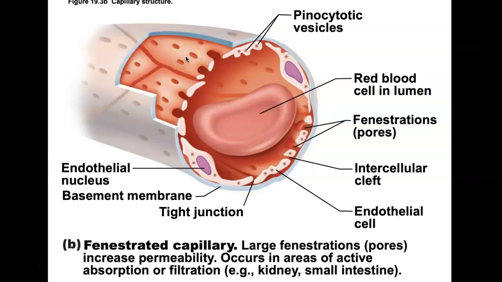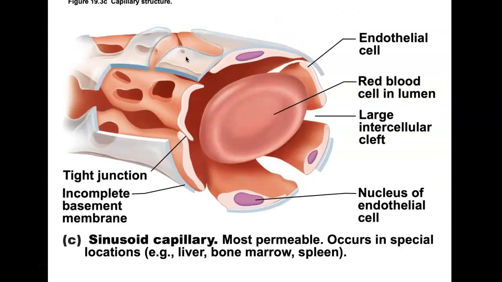Let's move over to the next type, which is going to be the most permeable, and these are the sinusoid capillaries. They occur in very limited locations, such as in the liver, the bone marrow, spleen, and adrenal medulla. You may remember this from the blood chapter or video where we talked about the sinusoids, and when white blood cells are originated in the bone marrow, they're able to leave that site via these sinusoids.